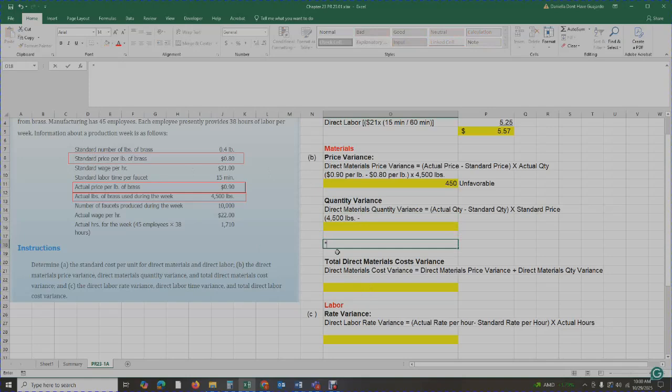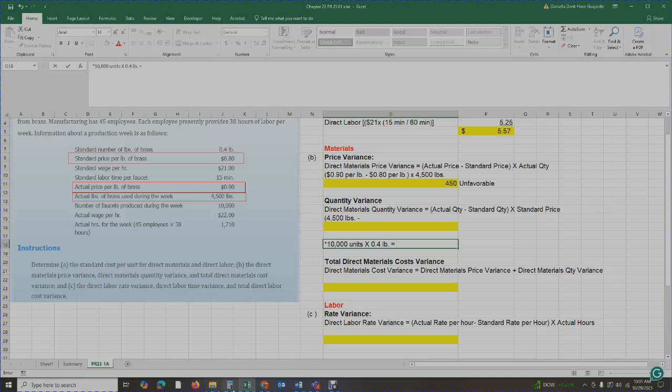So I'm going to put a little formula down here. The problem stated that we produce 10,000 faucets per week. So based on that data, we're going to get the 10,000 units, and we're going to multiply by how much brass we need to manufacture the faucets. For each faucet, my standard quantity of pounds of brass is 0.4.